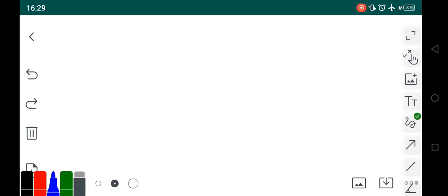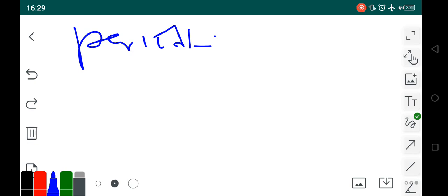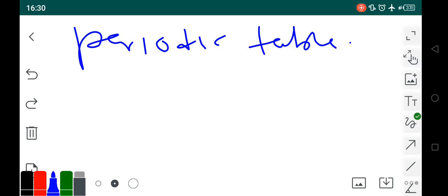Now before I dive into that, consider the periodic table. I hope you have an understanding of what a periodic table is. A periodic table contains elements.